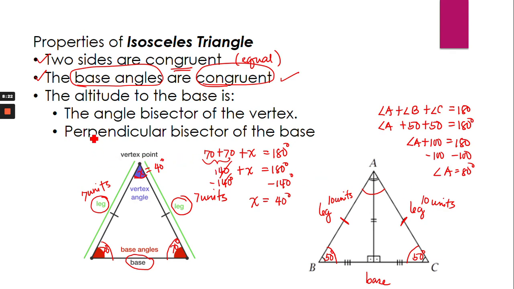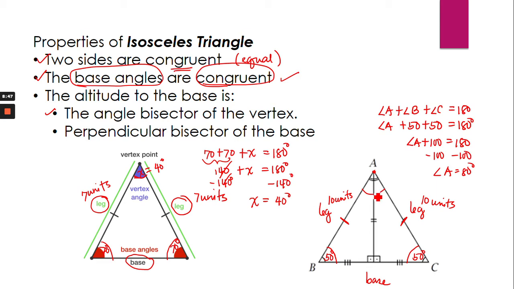Okay, let's have the next property. The altitude to the base. When you say altitude, that is the height of the triangle. So when you draw an altitude from the vertex perpendicular to the base, this is the vertex and this is the base.